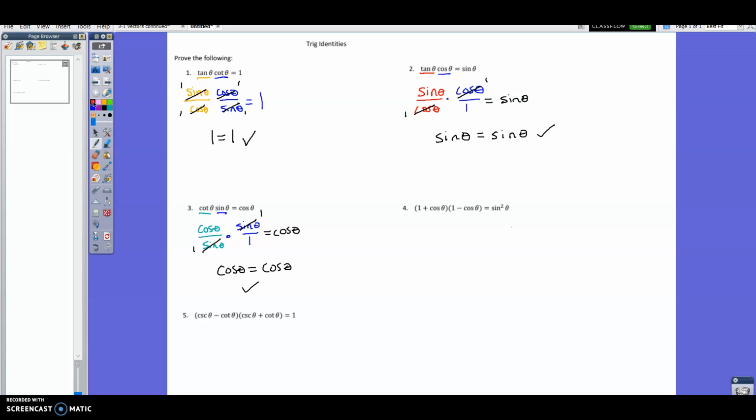Okay, now number 4 is a little bit different than the other ones. We have this multiplication here, so we need to take care of the multiplication first. So on this one, we're actually going to have to FOIL everything out. So we have 1 times 1, which is 1. We have cosine times 1, which is positive cosine.